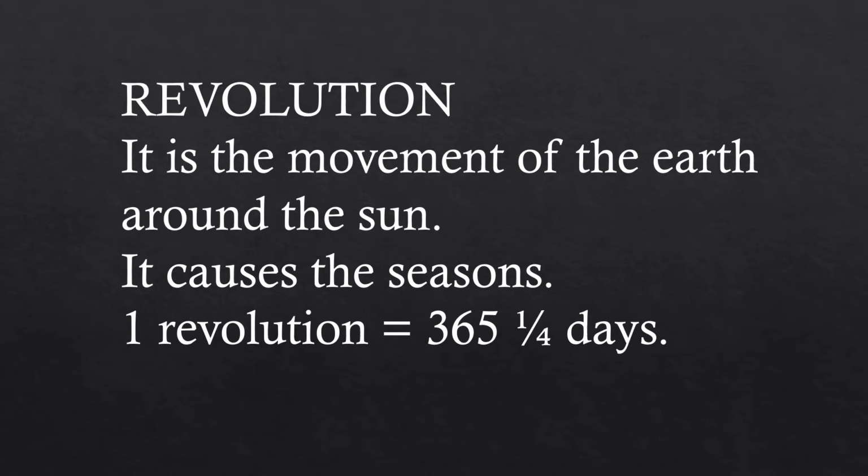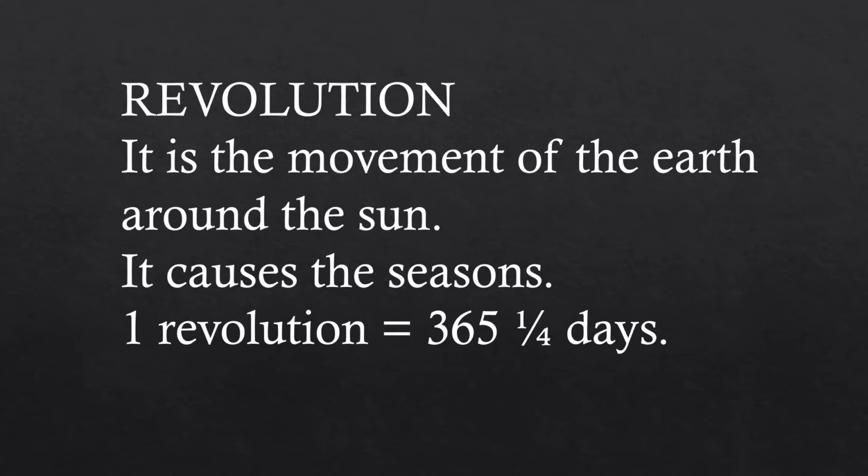For earth to make one complete revolution around the sun takes 365.24 days, that is 365 and a quarter days. This amount of time is the definition of 1 year.